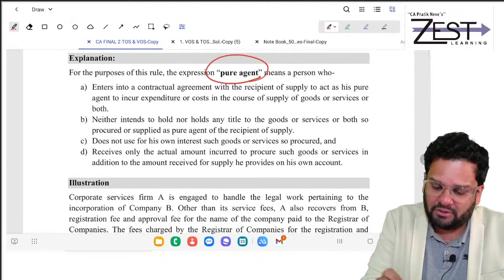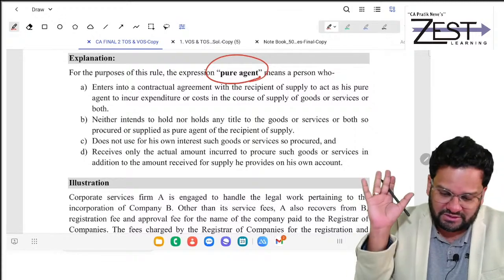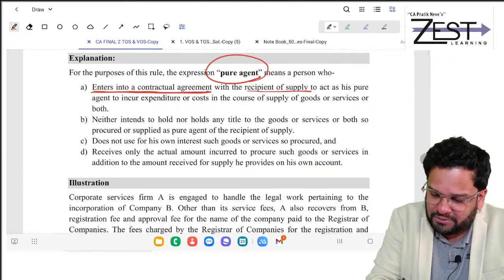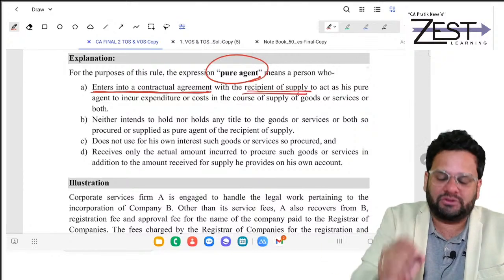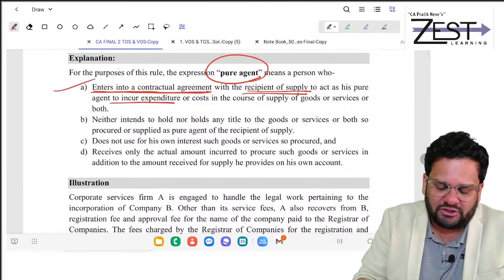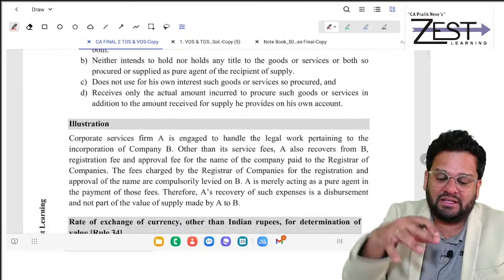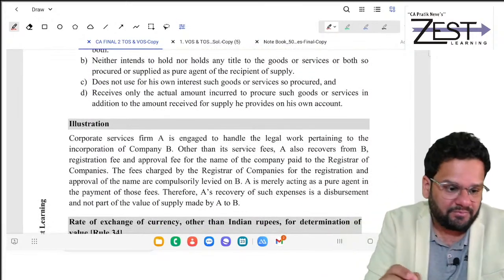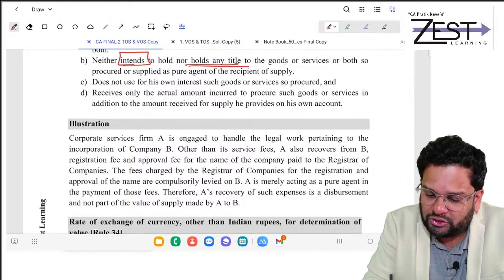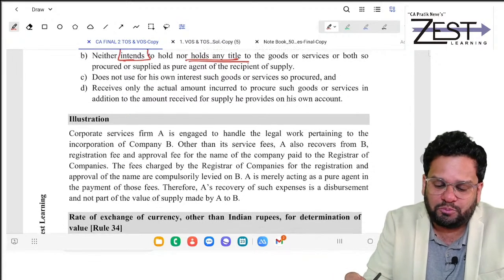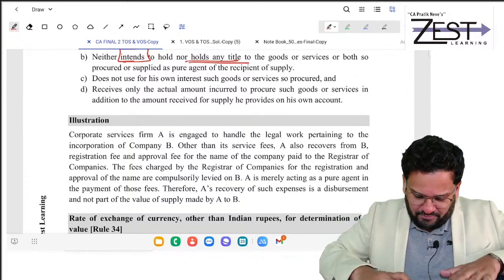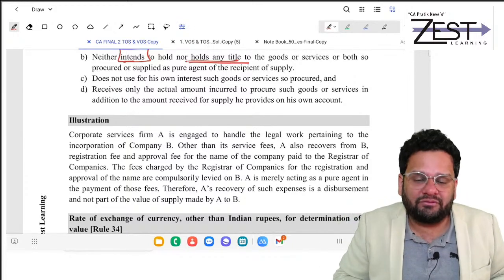What is the meaning of the word pure agent? He enters into a contractual agreement with the recipient of supply to act as his pure agent to incur expenditure in course of supply of goods or services or both. He neither intends to hold nor holds any title to the goods or services or both so procured or supplied as pure agent. Purely as a supplier, I am availing goods or services on whose behalf?